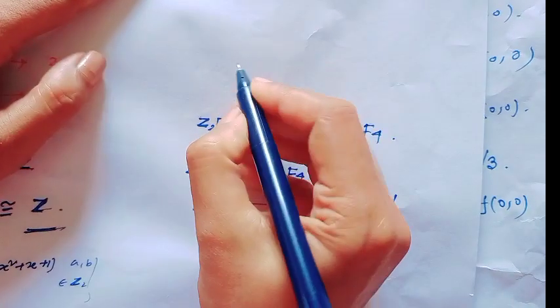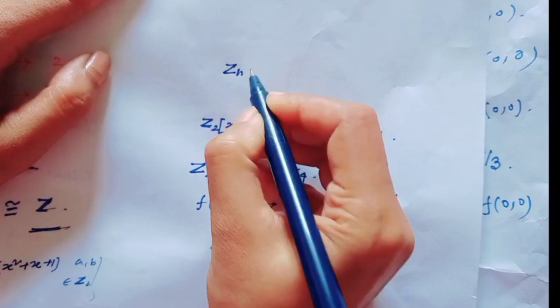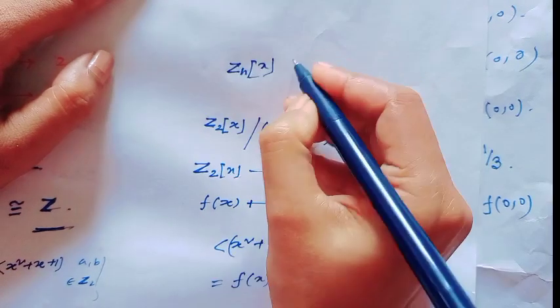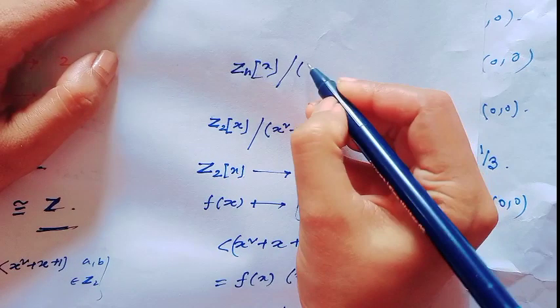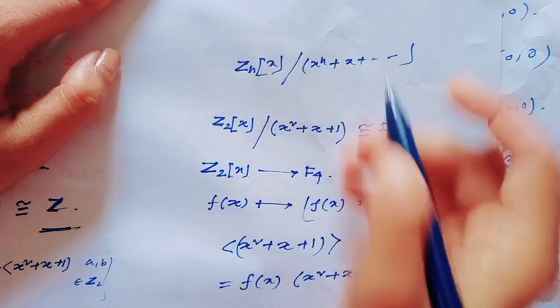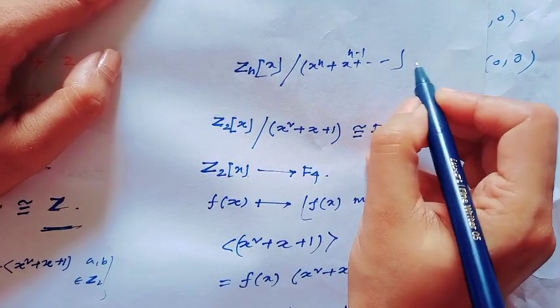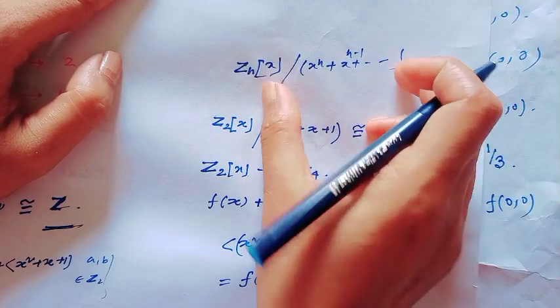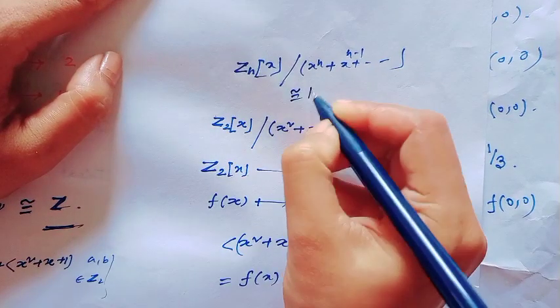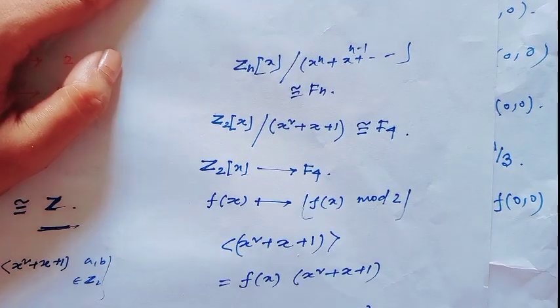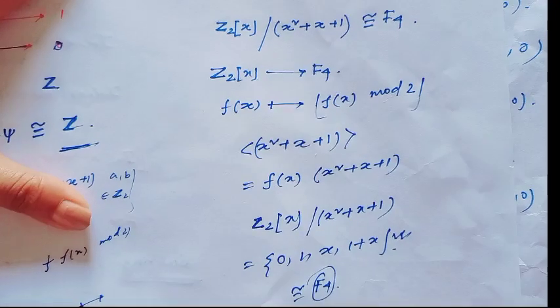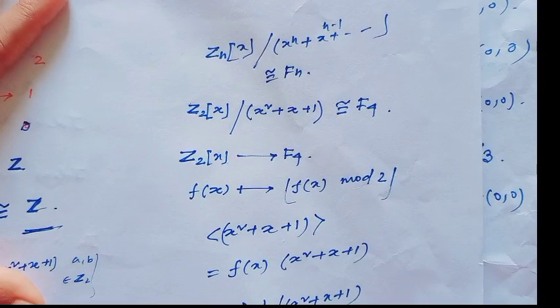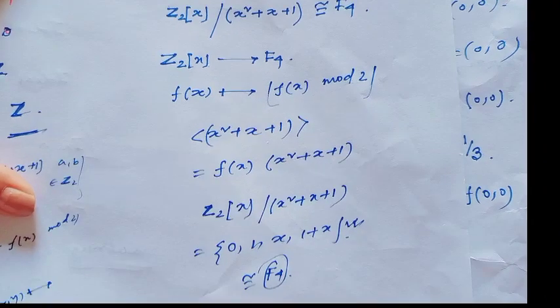Similarly, if we consider Zn[x] modulo the ideal generated by x to the power n plus x to the power n minus 1 and so on, this type of quotient ring would be isomorphic to Fn. I hope all my viewers have understood this concept easily, how the quotient ring looks.